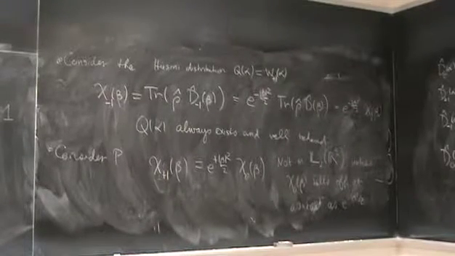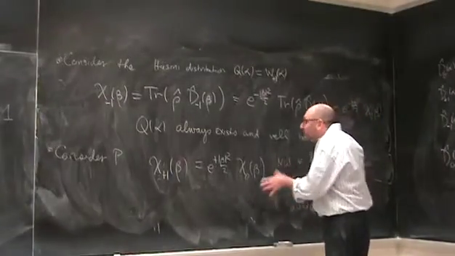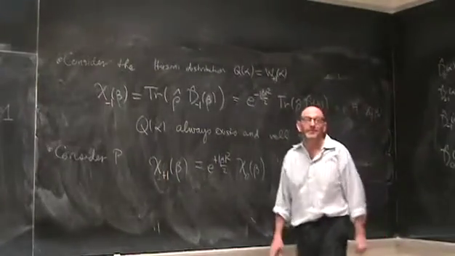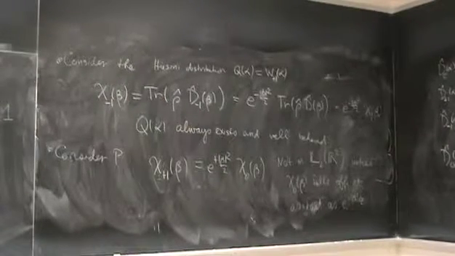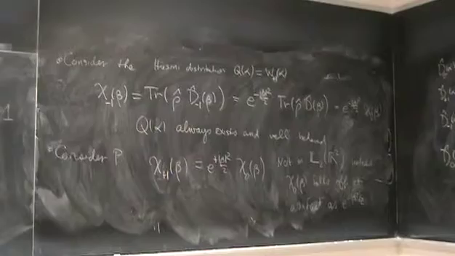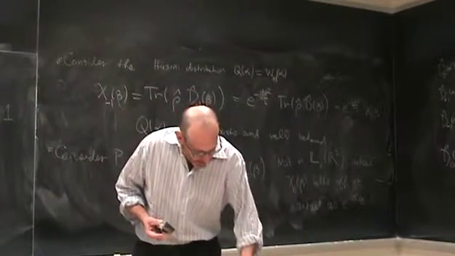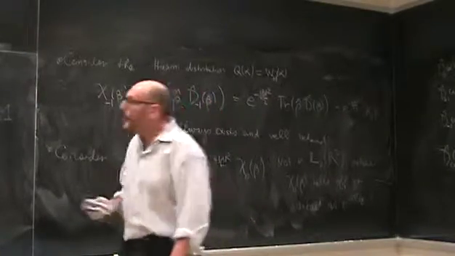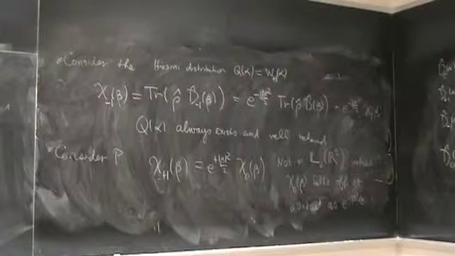It's like having a plane wave. So the P function mostly doesn't exist. We'll come back to what that means physically. Okay, so the Q function always exists, the W function always exists, but the P function doesn't. Let's talk now about some of the further properties of these guys and their use.